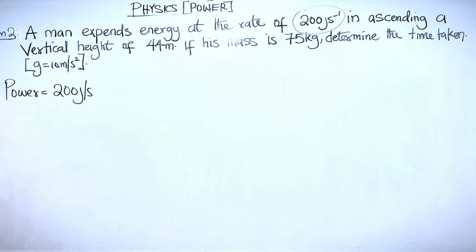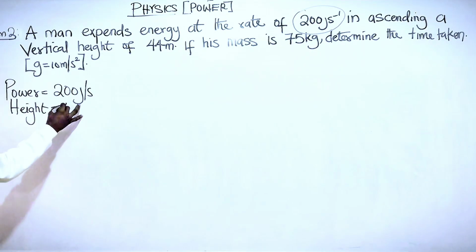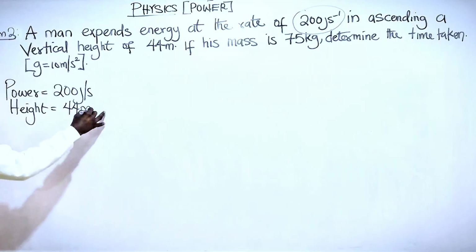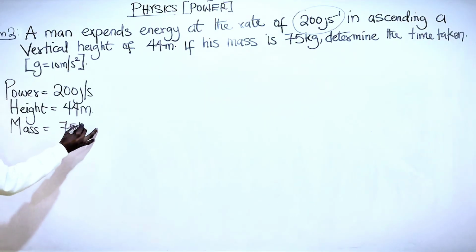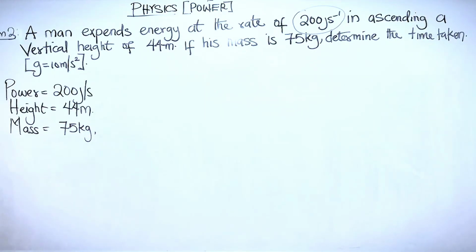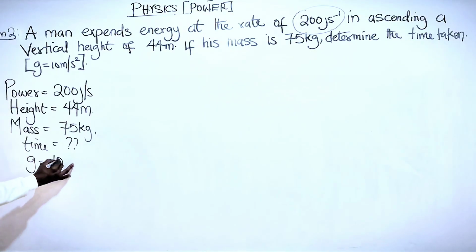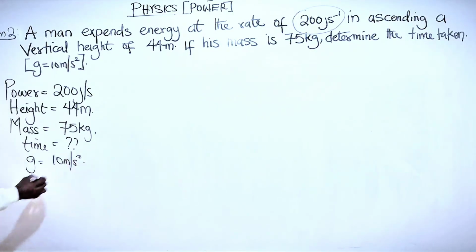In ascending a vertical height of 44 meters, so we're given height of 44 meters. If its mass is 75 kilograms, determine the time taken. We're looking for time at this point, if g is 10 meters per second squared.